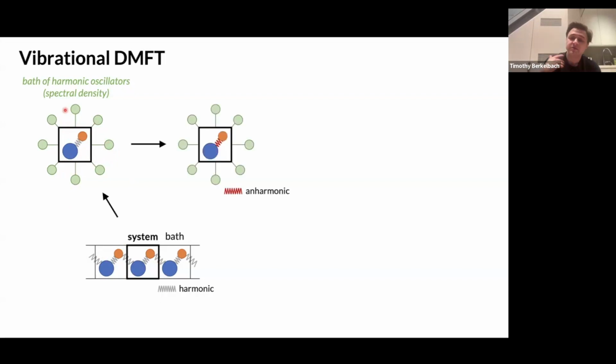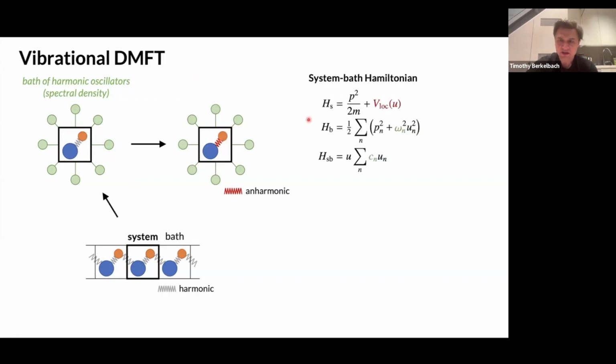But then I'm going to use that bath of harmonic oscillators that reproduces harmonic properties exactly, and I'm going to reintroduce the true anharmonicity between the atoms within my unit cell. This will produce some kind of system-bath Hamiltonian for vibrational degrees of freedom.